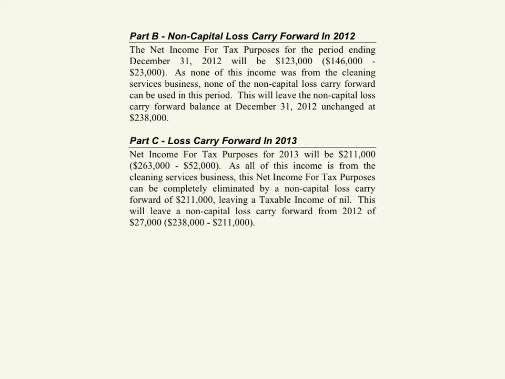But I don't have room to deduct the full amount because my income is 211,000 and my non-capital loss carry forward is 238,000. So I could deduct 211,000 and I'm still carrying forward 27,000. In the following year, when I get more income from the cleaning services, I'm going to be able to deduct the rest of it.